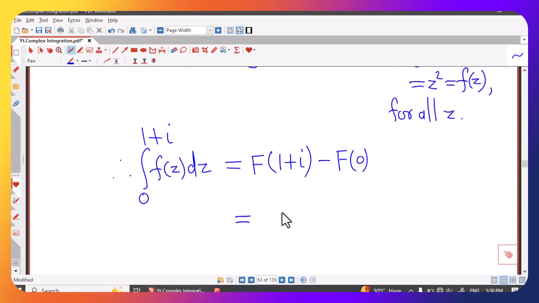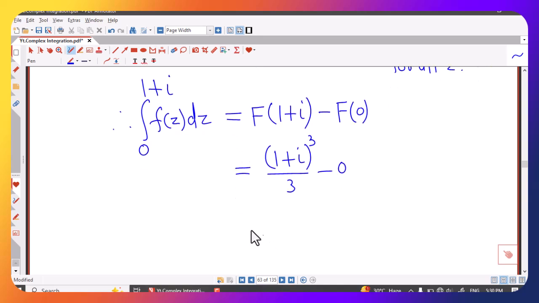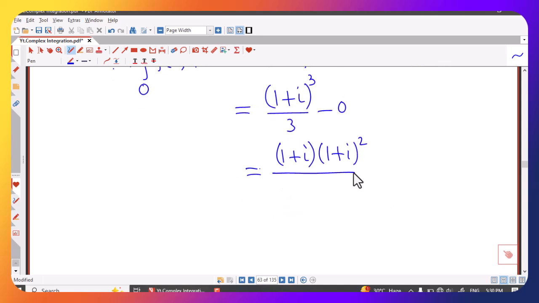So here I will put z equal to 1 plus i, where capital F of z is z cube by 3, so (1 plus i) cube by 3 minus F of 0, that is z equal to 0. Here I have to simplify this. This I can rewrite as (1 plus i) times the square of (1 plus i) divided by 3, and then I have 1 plus i.